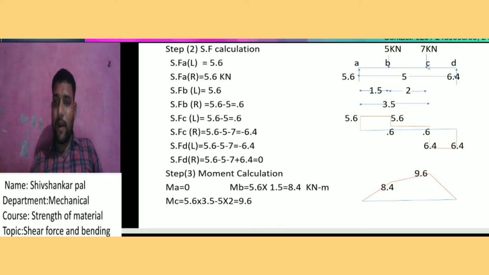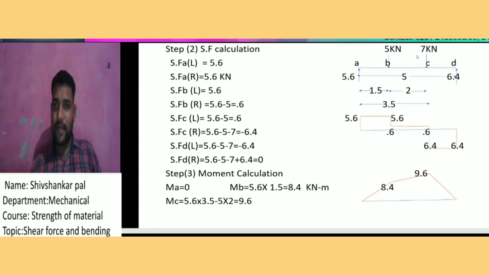The moment about point C. In the figure you have two loadings, one at point A and the second at point B. So at point C, the two forces produce a moment. Moment about point C due to the 5.6 load: force 5.6, perpendicular distance from point C is 3.5.